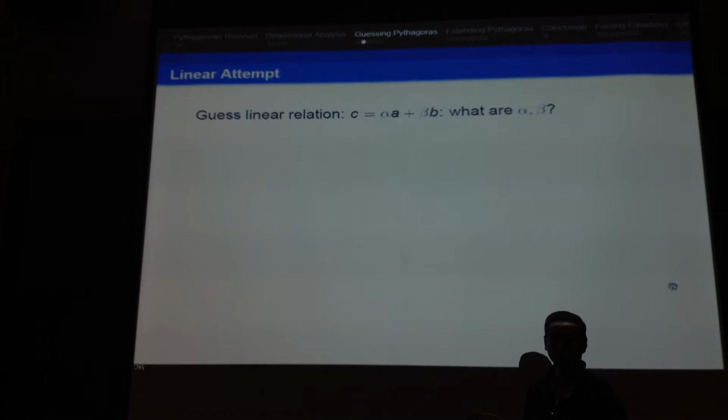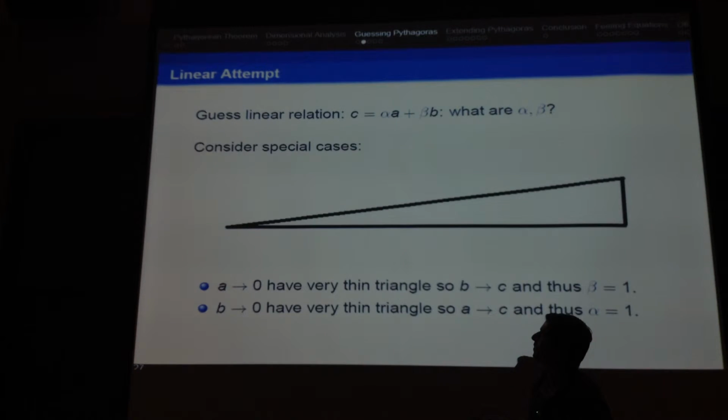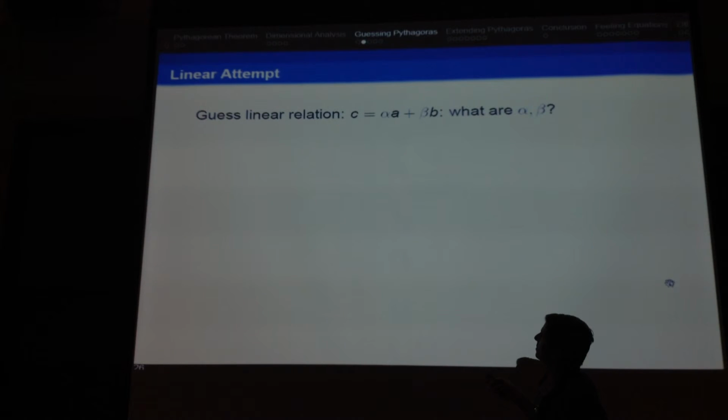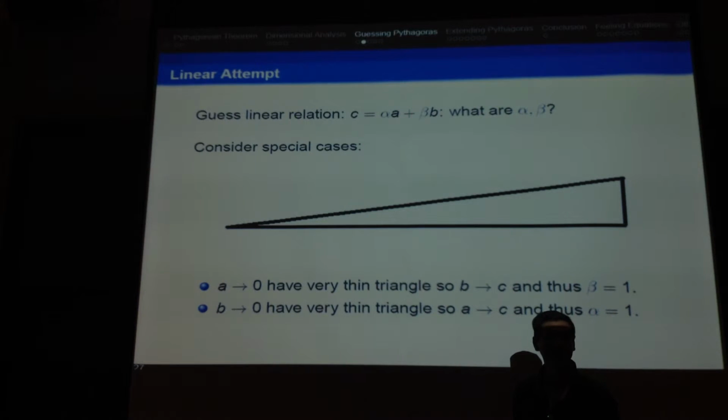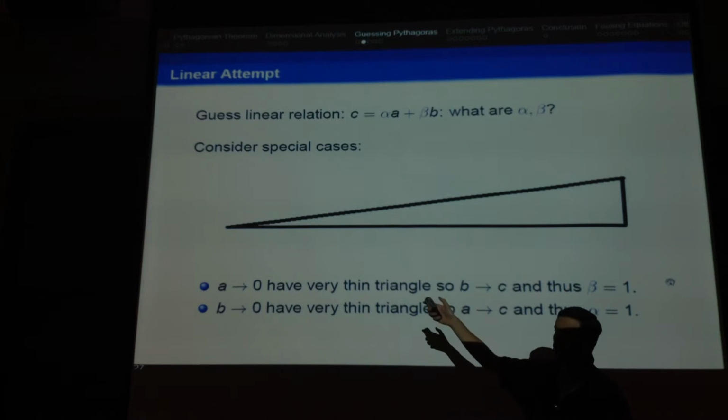So let's guess the hypotenuse is some number times A plus some number times B. And we want to figure out what those numbers alpha and beta are. So we're going to consider special cases. So I imagine a very long, thin triangle. I'm deliberately not labeling the sides A and B so I can do it both ways. As the triangle gets very, very long and very, very thin, so say A is going to 0.